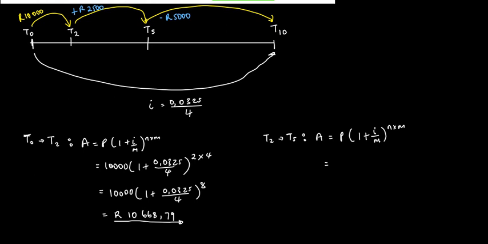He put 2,500. So we are now going to say the principal amount will be this amount plus the 2,500 he deposited there. So you say plus 2,500, you get 13,168.